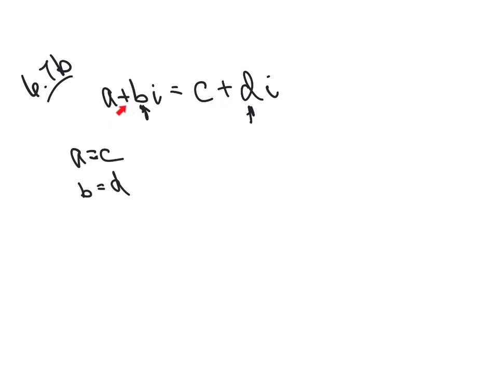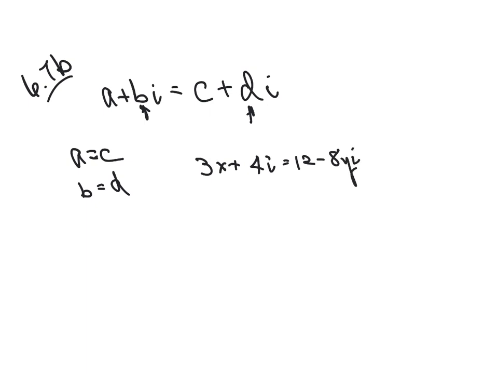So if we are given examples with regular numbers in it, and we have something like 3x plus 4i, and that equals 12 minus 8yi.